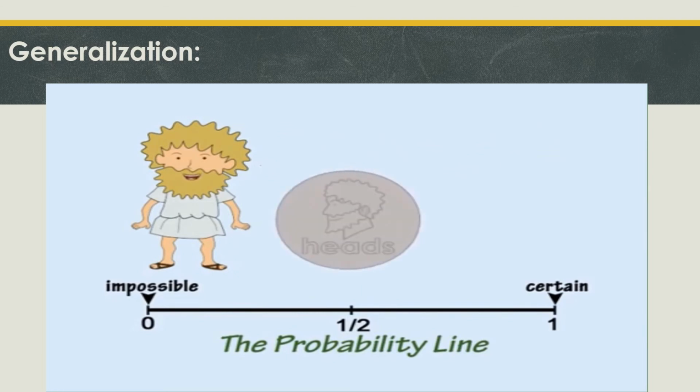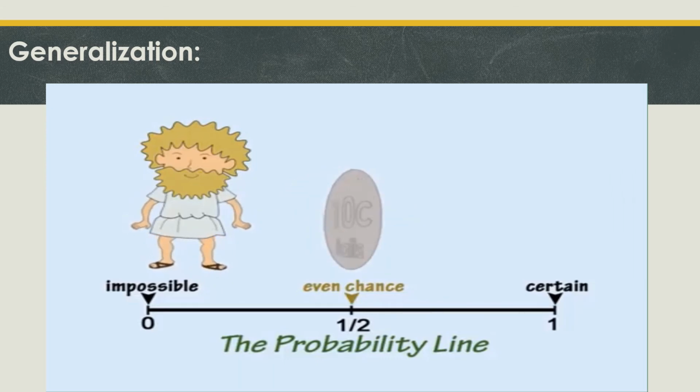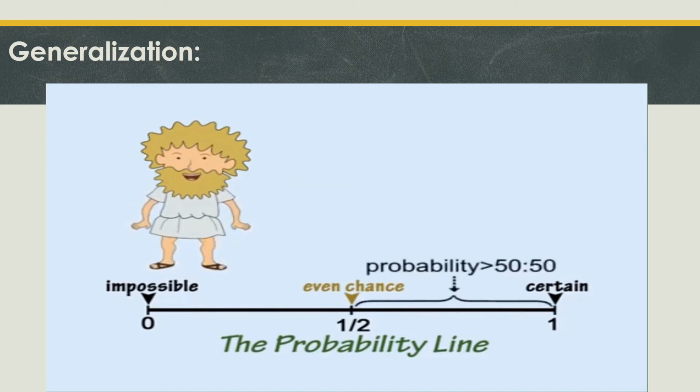Toss a coin and there's an even chance of getting heads, but there's also half a chance of getting tails instead. If the probability is greater than 50-50, then the likelihood of an outcome's looking good.